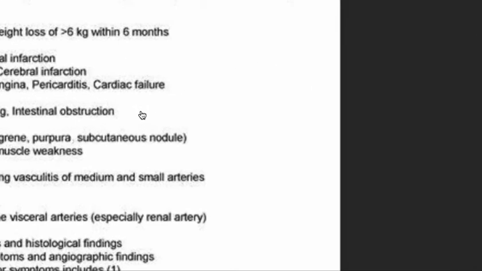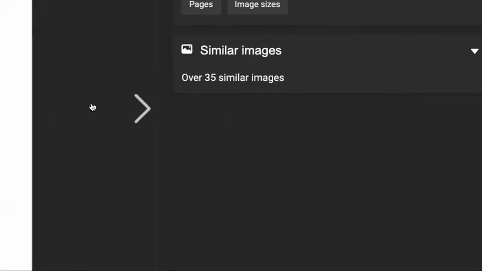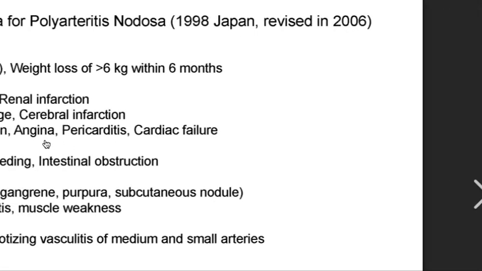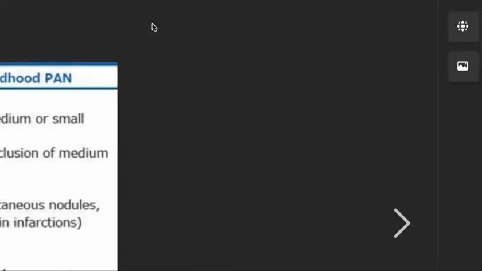Now this is the diagnostic criteria of polyarteritis nodosa. You can see there are a lot of things they are talking about. Guys, I don't know what's wrong with my PC.